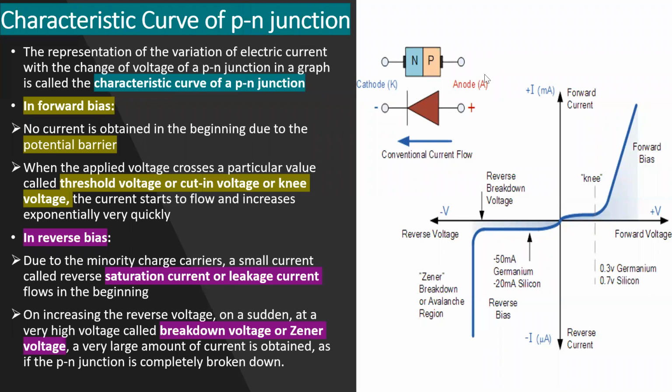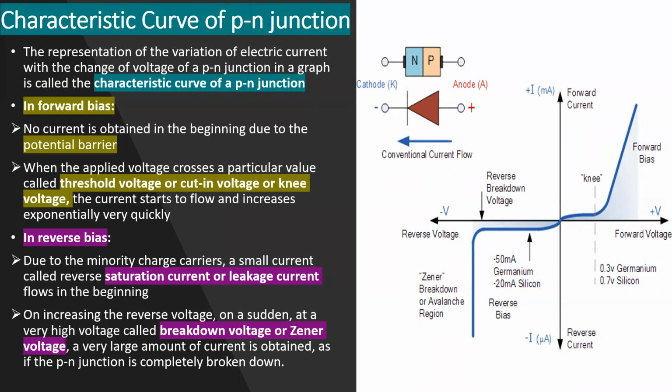And also all the acceptor atoms, impurity atoms, must have accepted an electron, and they are not providing holes. It's not available there, and they will be ions. So it is broken down completely, and the voltage at which it breaks down is called the breakdown voltage or Zener voltage, and the current is obtained. The current starts flowing. The PN junction no longer will have its normal characteristic. So again, it's a current in the microampere region.